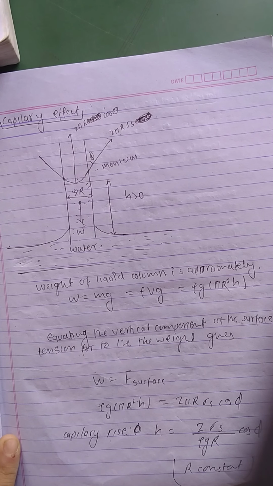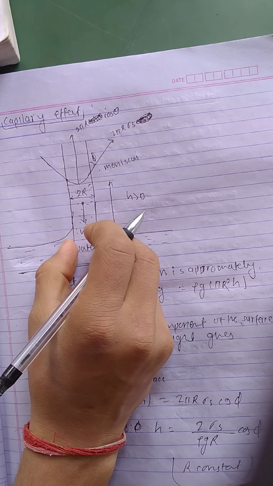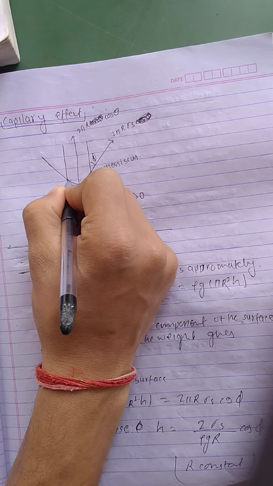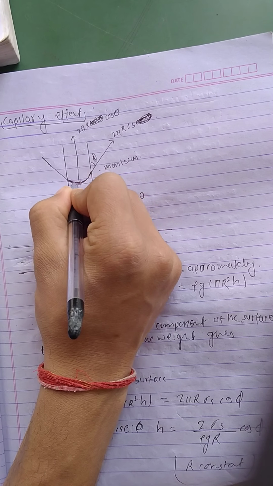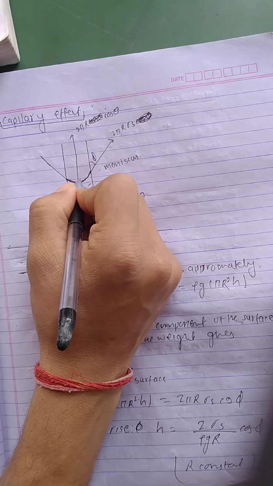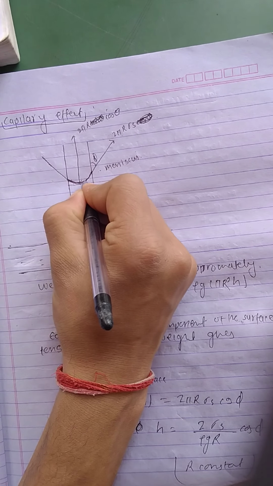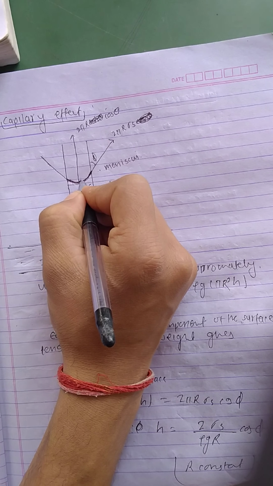Such narrow tubes or confined flow channels are called capillaries. If you dip one in the liquid, the water will rise due to surface tension. This effect of rising is called the capillary effect.